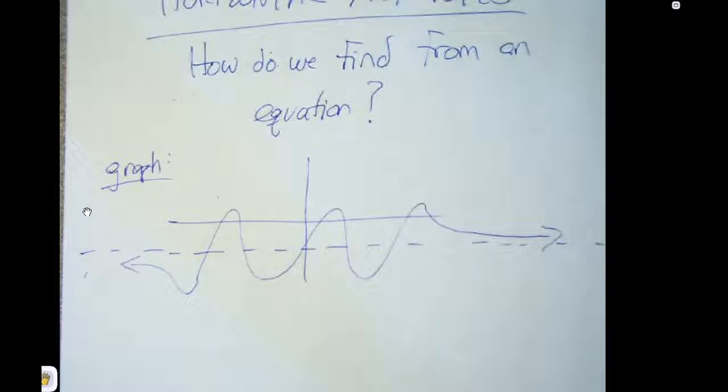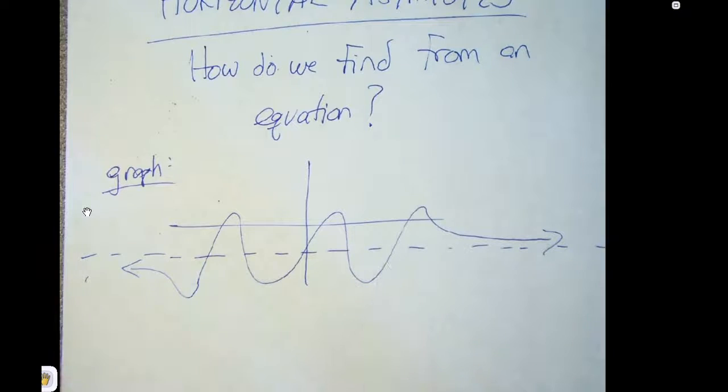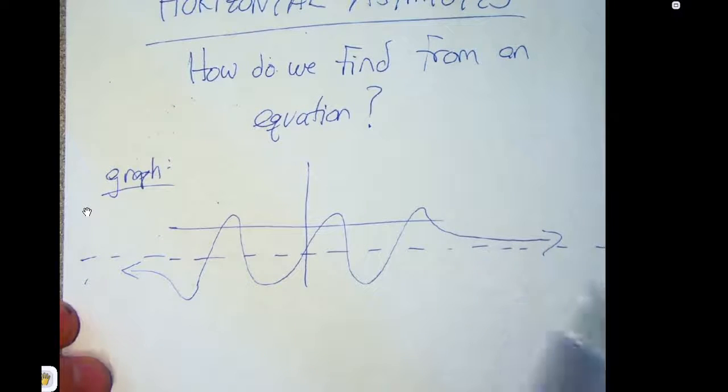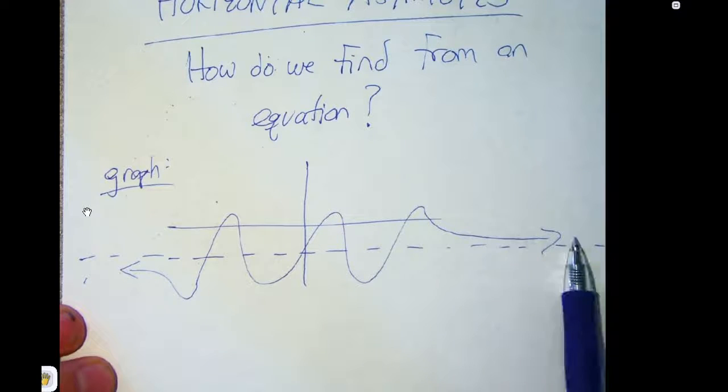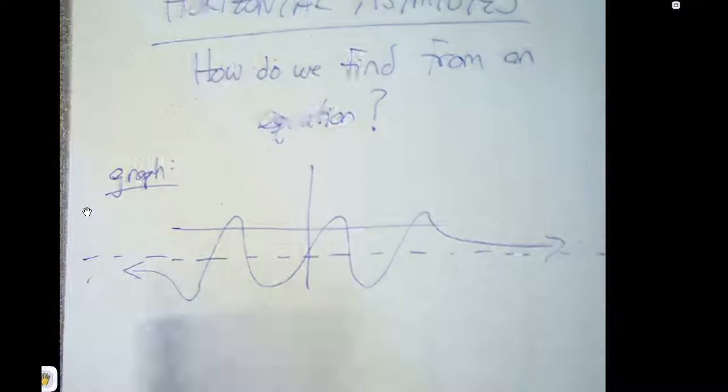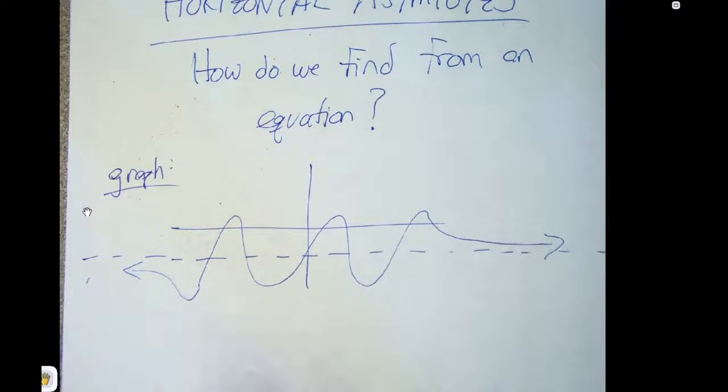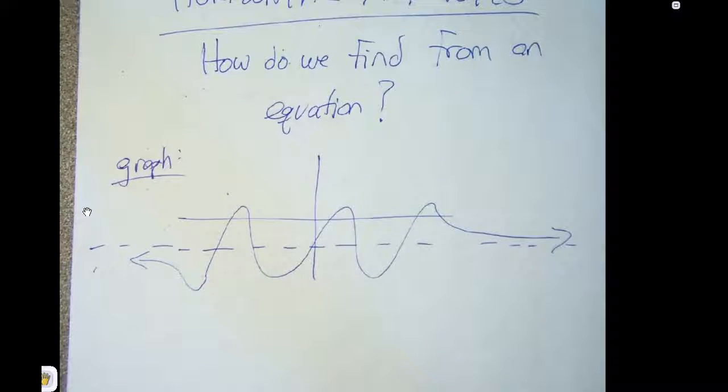Positive and negative infinity. I don't care about the x value as x approaches 4 or 10 or 100. I care about as it goes to infinity. So if my x value goes to infinity, and I read off and the y value is approaching 3, let's say, that's a horizontal asymptote. If I look as I go to negative infinity, and it approaches whatever, that's a horizontal asymptote.